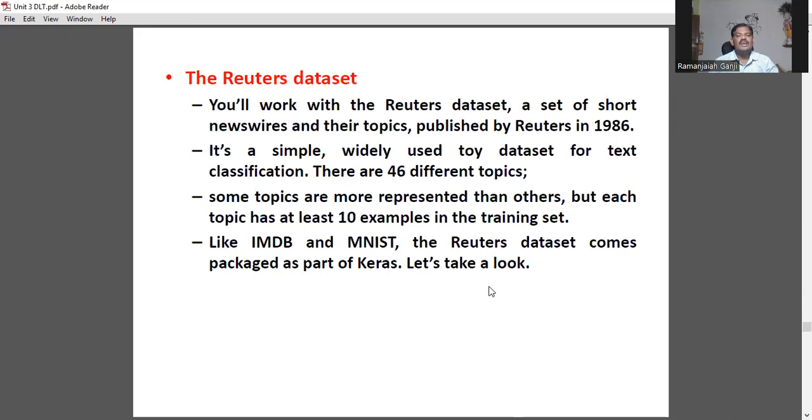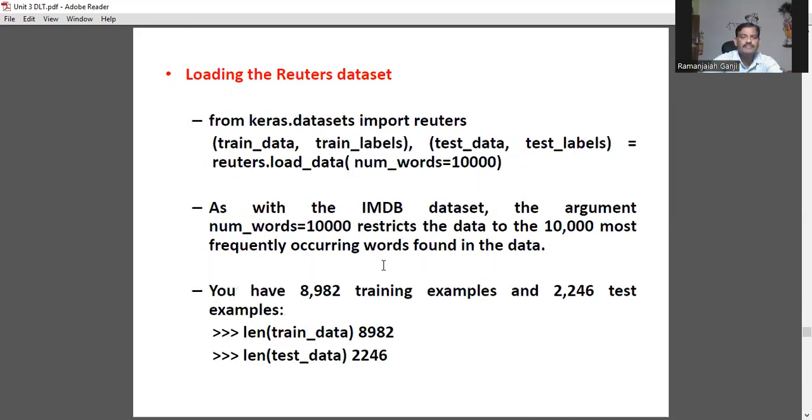IMDb, Internet Movie Database, and MNIST, these datasets are packaged as part of Keras. Even in the case of movie reviews, we have the same. From keras.datasets import reuters. As with the IMDb dataset, the argument num_words is equal to 10,000. It restricts the data to the 10,000 most frequently occurring words found in the data.